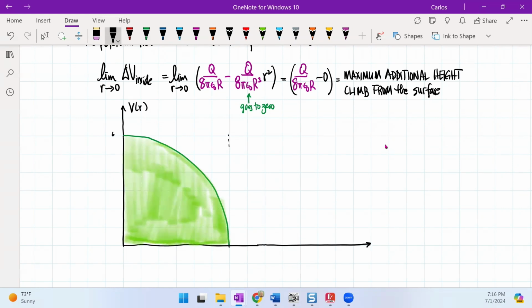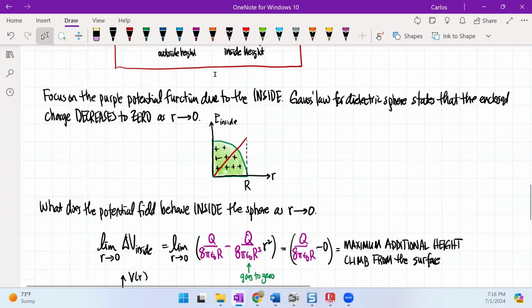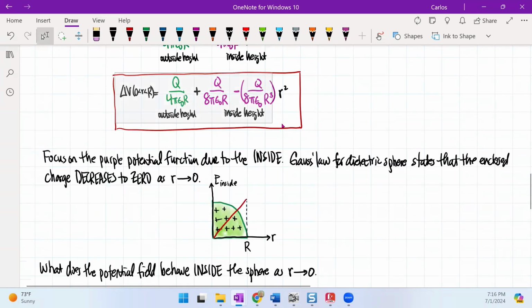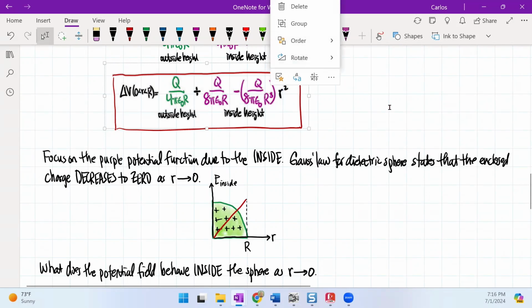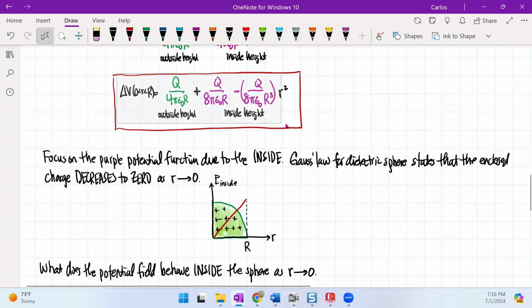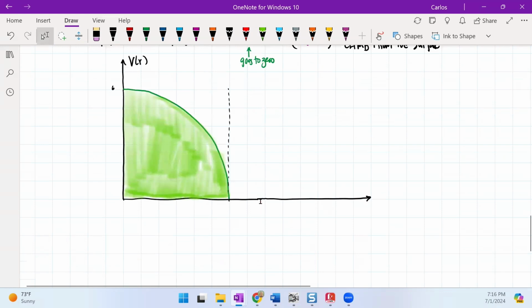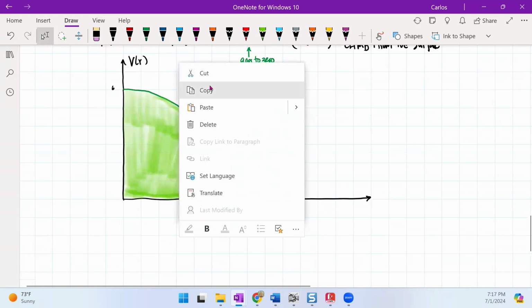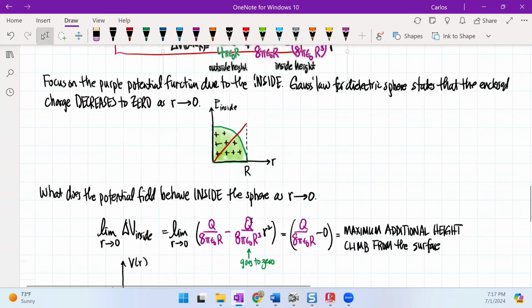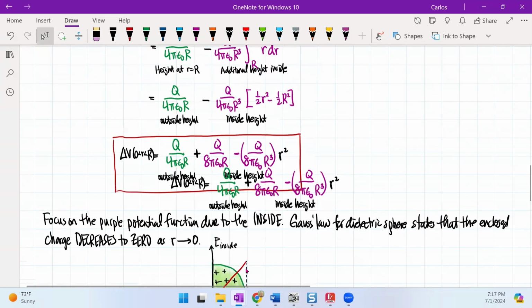This is the distance of R. So when I look at the potential field, I'm really looking at this term right here. This is what I want. Let me copy and bring this down because I'm going to need this. So if I put this here, let me see if I can place this right here. Uh-oh, where did I put this? Oh, here it is down here.